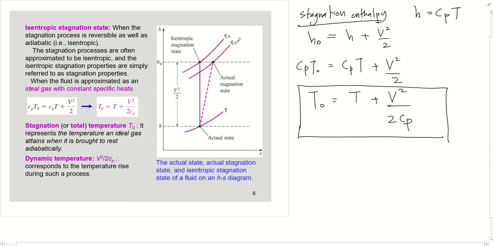So when we have a fluid and then we completely stop the fluid, the temperature is increased due to this dynamic temperature. Okay, so that is how we obtain the stagnation temperature.